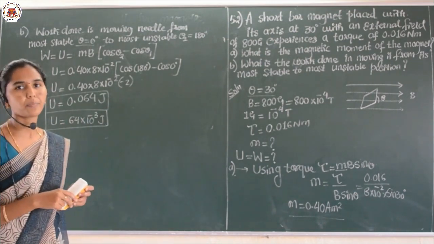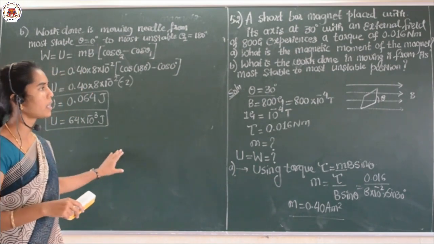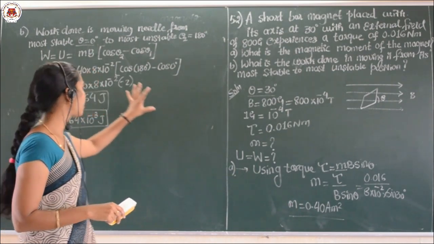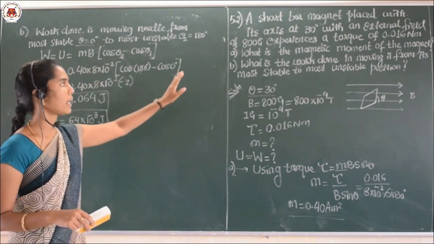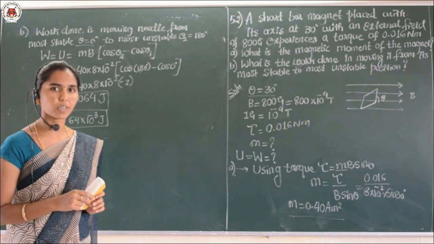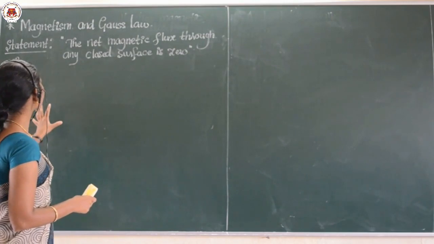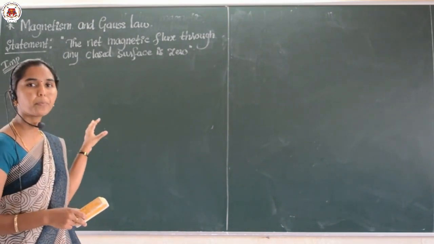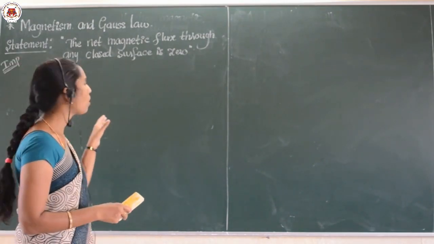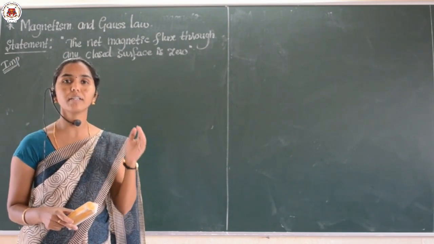Am I clear? Yes, and one more step is there. So, up to the yesterday concept, so this much question A and B is enough to study. Okay, and we will study the another very important law, that is the Gauss law in the magnetism.